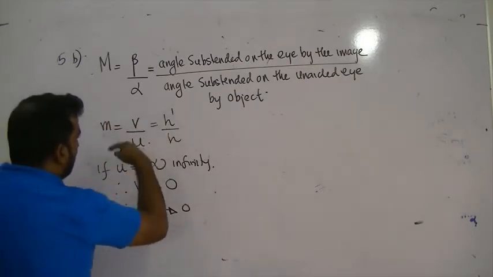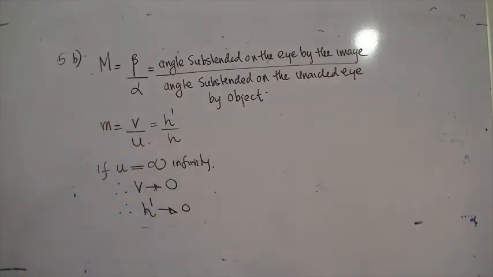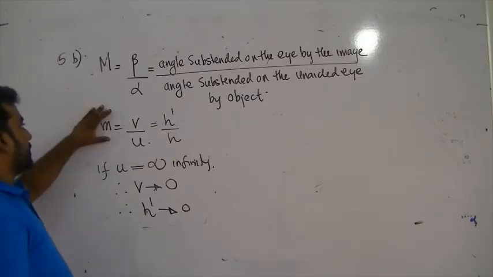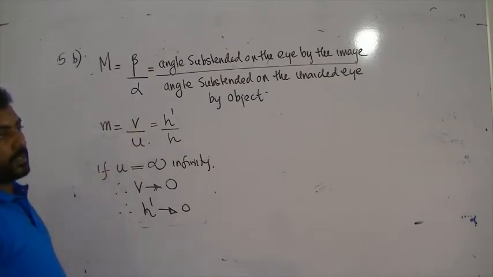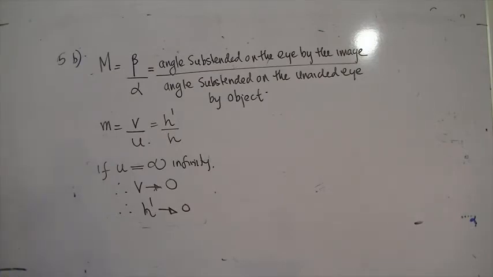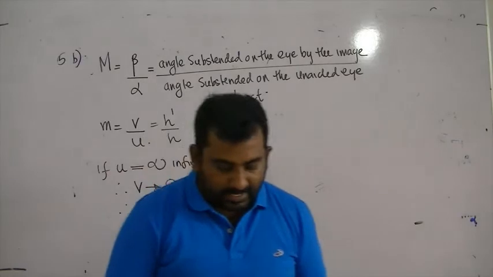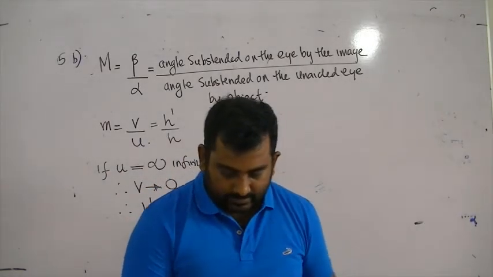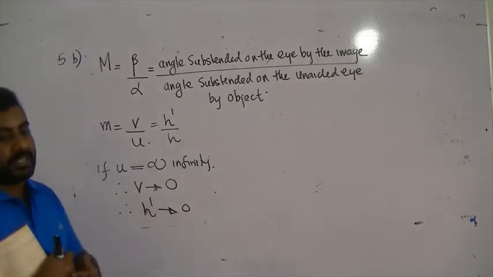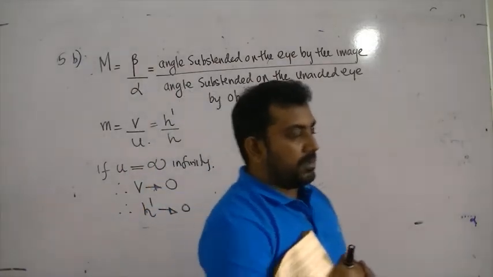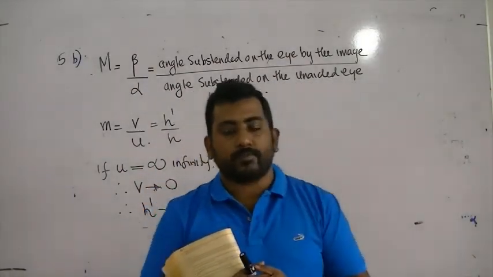But if you consider linear magnification, if the object distance is infinity, the magnification will be 0. Which means the image height will be 0.